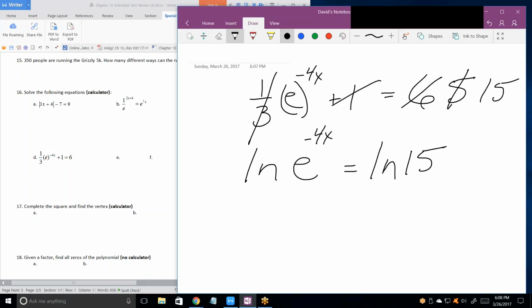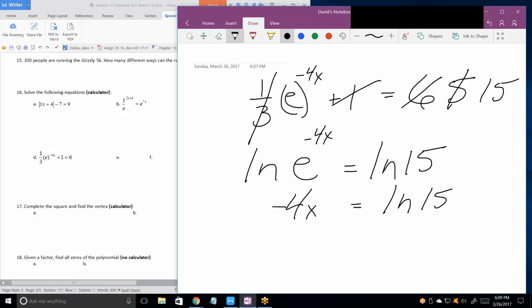What's the next line now that I've taken the natural log of both sides? Negative 4x equals natural log of 15 divided by 1. Well, okay, this is the next line.